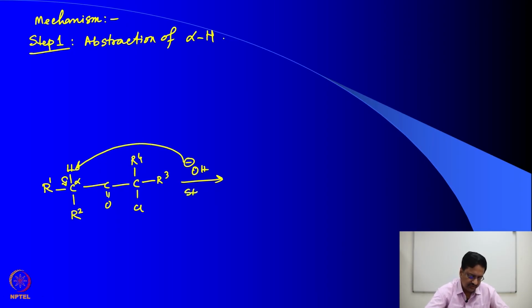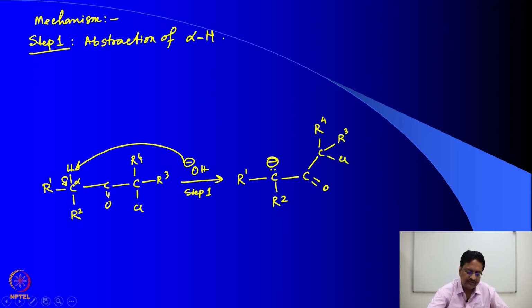So, this is step 1, and we get the corresponding anion. I am writing the product in a different way, so that we can do the next step quite easily.